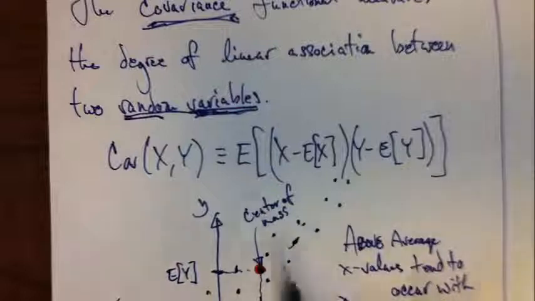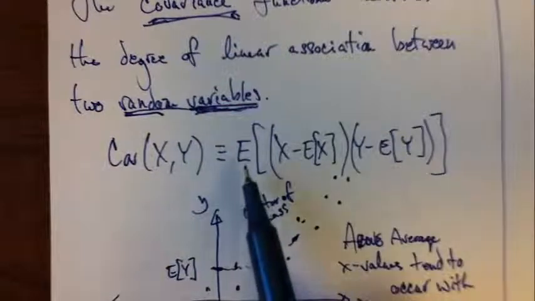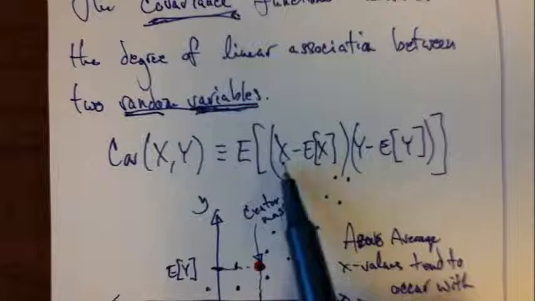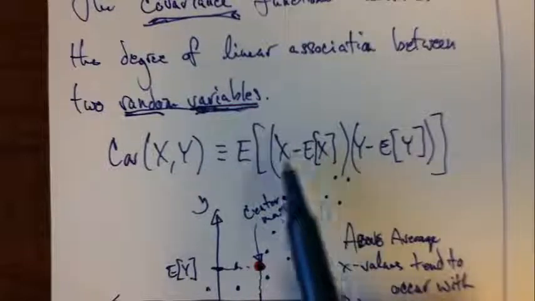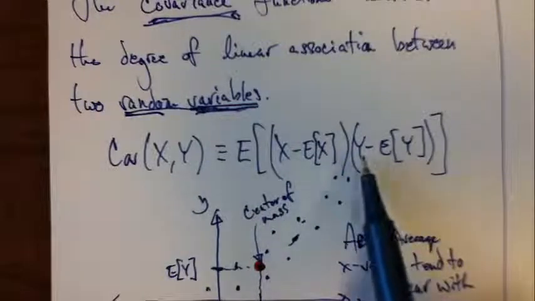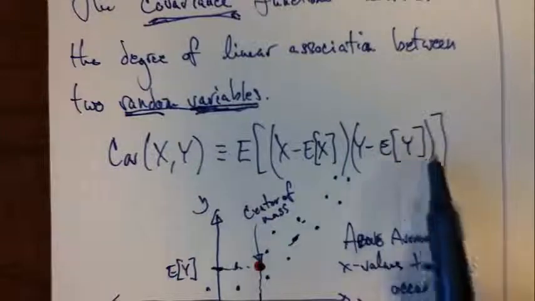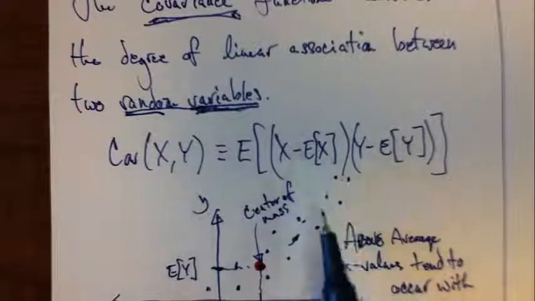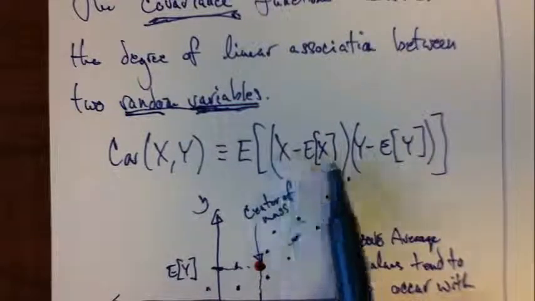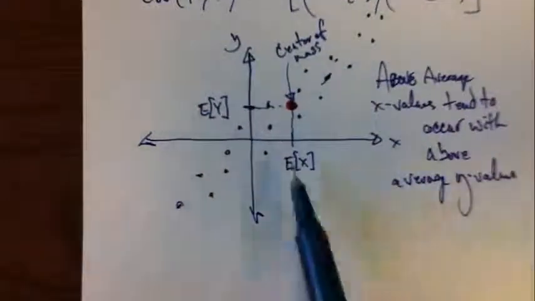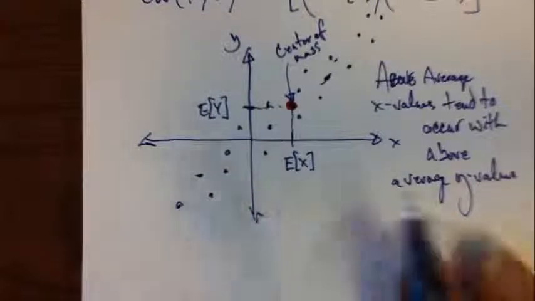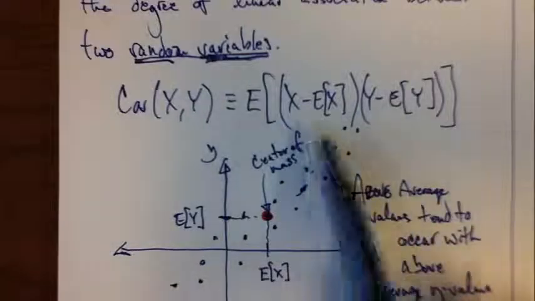Take a look at this. It's the average, right? That's what E stands for. It stands for average of these products. If x tends to be greater than its mean, then this is positive. And if y at the same time tends to be greater than its mean, this will tend to be positive. Product of two positive things is positive. Or if x tends to be less than its mean when y tends to be less than its mean, like we're down over in this region, then you have the product of two negative numbers.